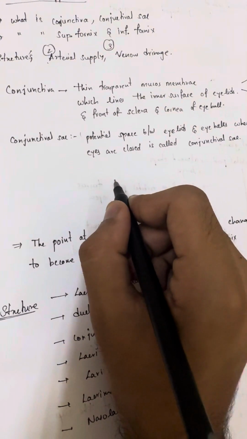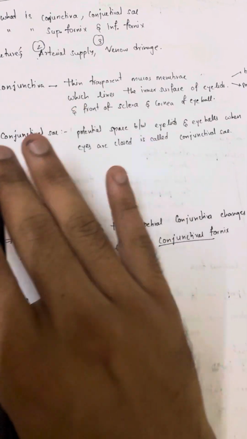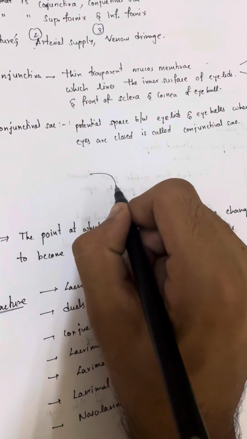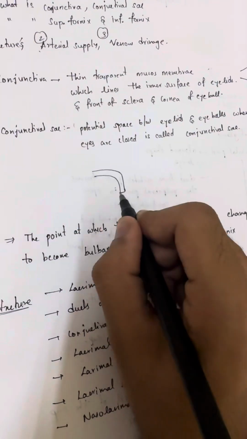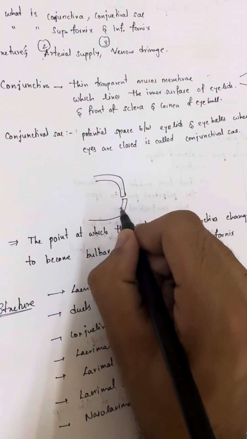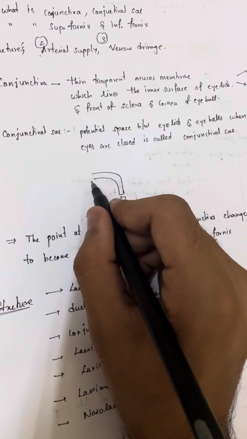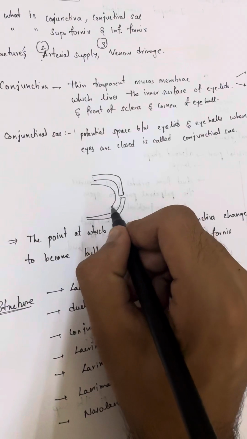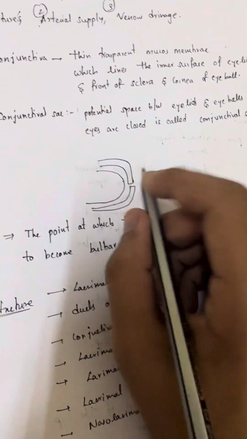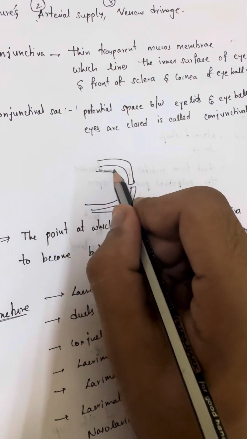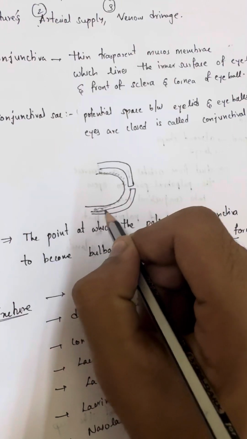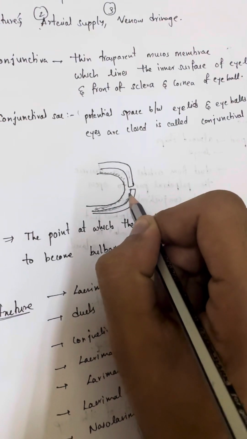I'll just demonstrate. This is one eyelid, the upper eyelid. This is a rough diagram. This is the lower eyelid, and this is the eyeball, and this is the mucous membrane which is lining both the bulbar part and the inner surface of the eyelid.